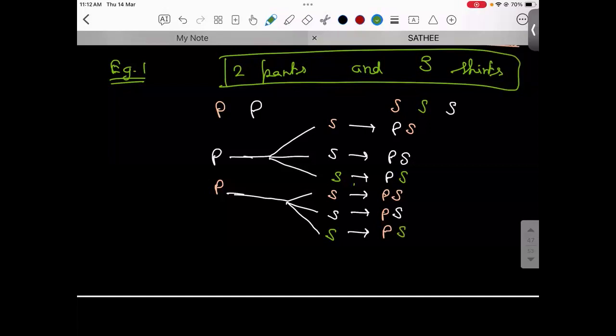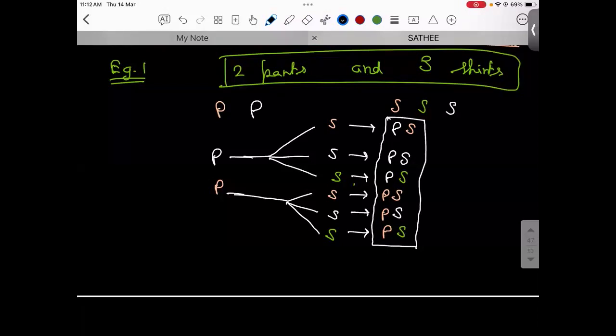Now you can clearly see from here that we obtain 6 different combinations of dressing up yourself, and all the possible combinations are distinct from each other, right?